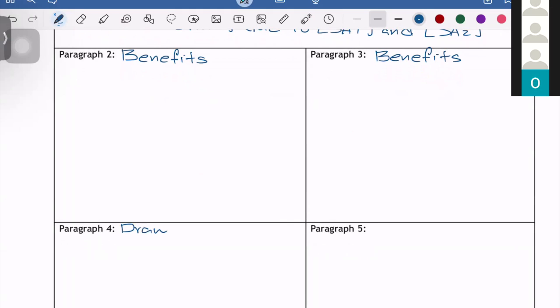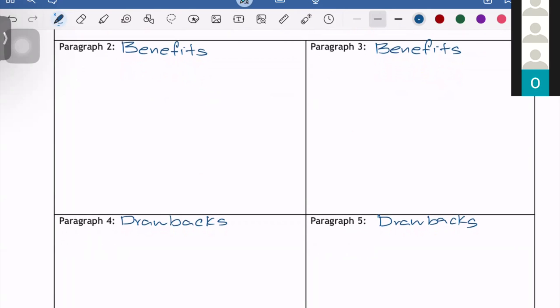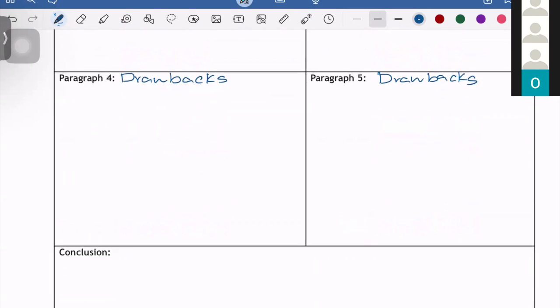And then 2 paragraphs dedicated to the drawbacks. So that will be your counter argument. And then conclusion, summarize.